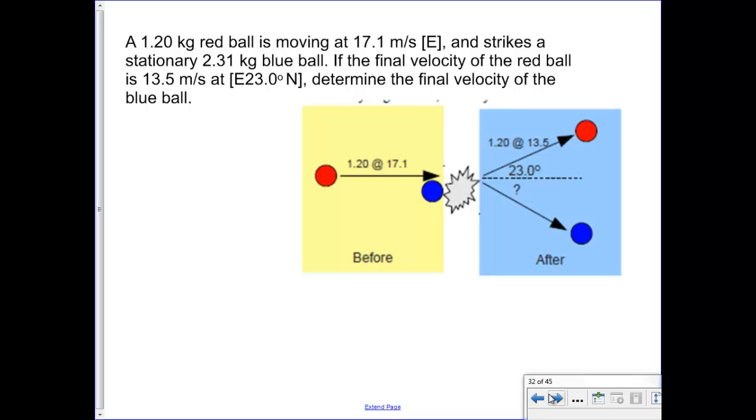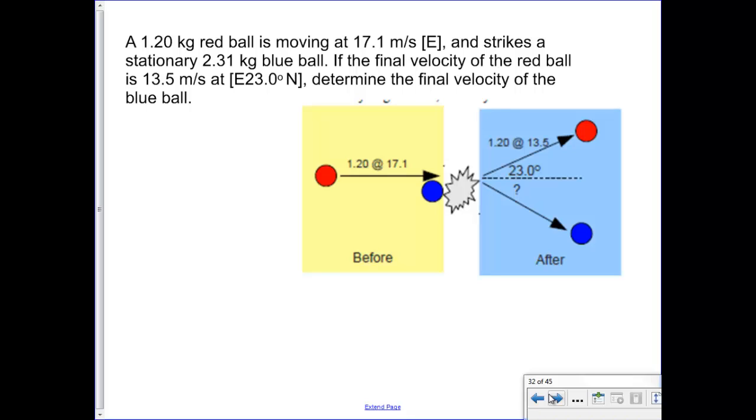So this is going to feel really similar to one of our first couple units, where I'm going to give you things like east 23 north, and you're going to have to figure out angles of things. Does that make sense? So we're going to have to figure out momentum in an x direction and a y direction before and afterwards, and make sure that all of that momentum gets conserved. Does that make sense? So let me walk you through one.